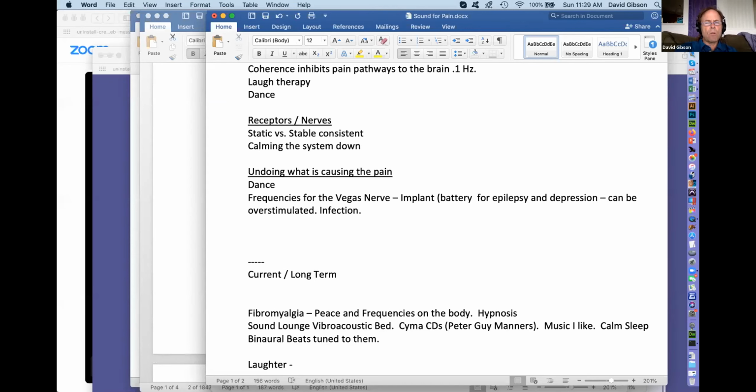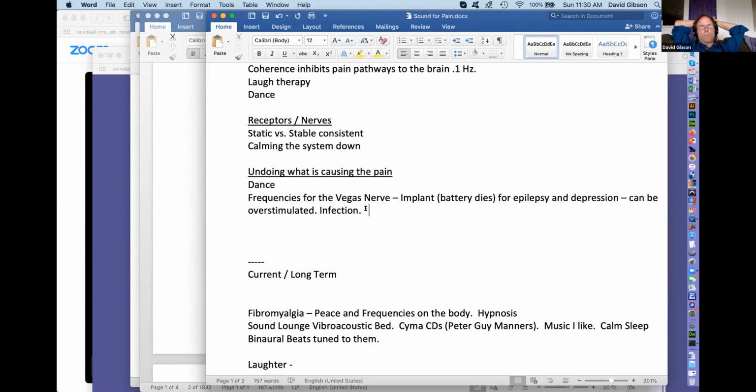I know the vagus nerve is connected to the eardrum. You would think you would be able to just use the frequencies and access it that way. Or you could do both. It's interesting because in the research I've done, they can stimulate different areas of the body with different frequencies.